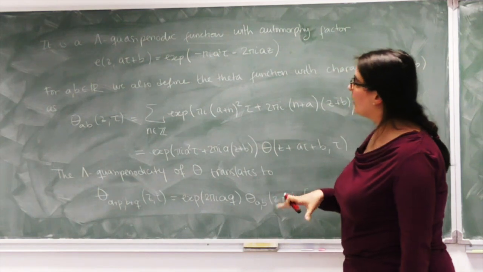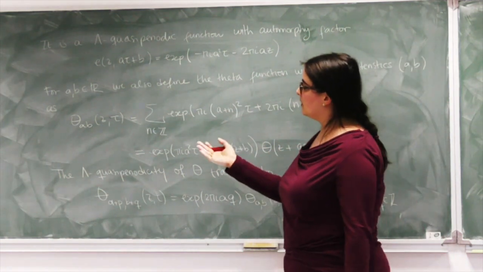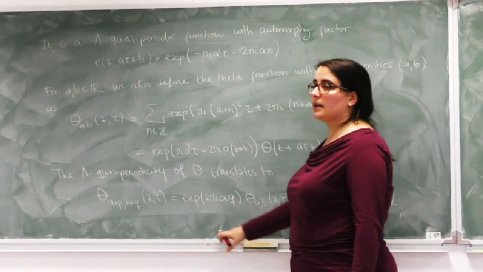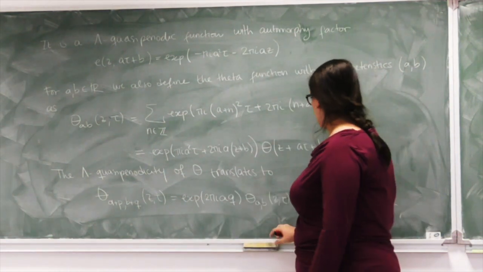So basically we cannot take a, b in the complex torus because it's not an equality, but there's still again another automorphic factor here.